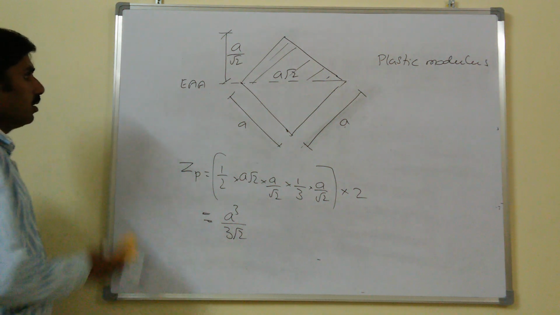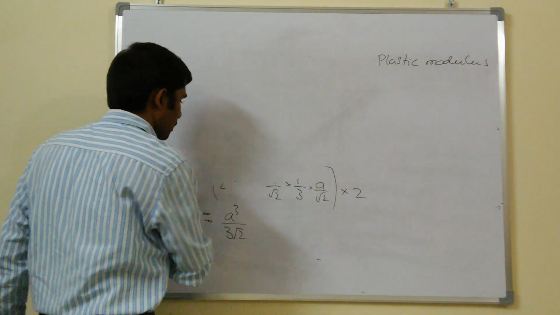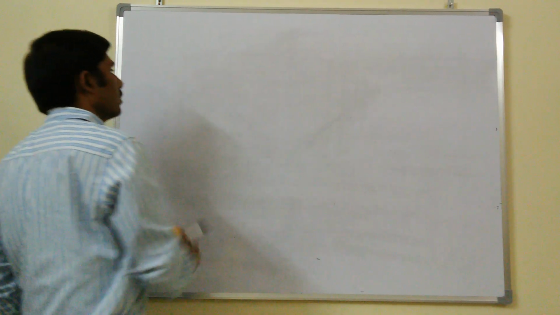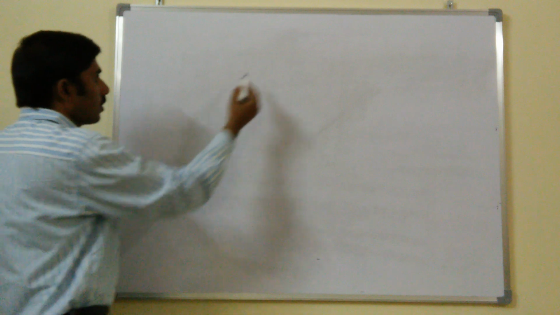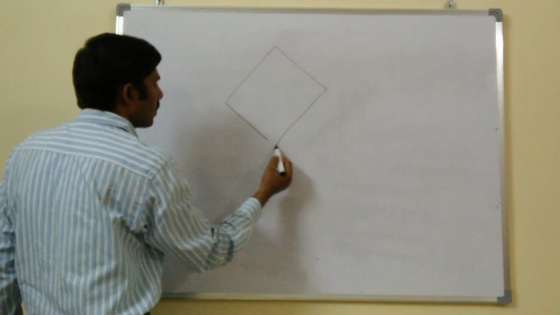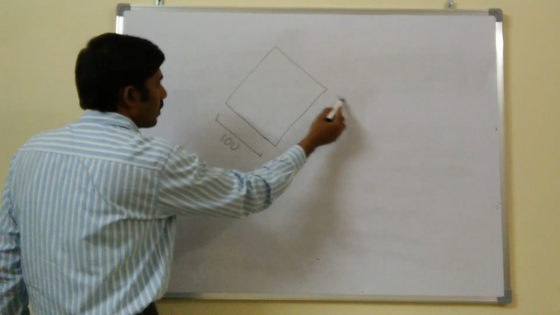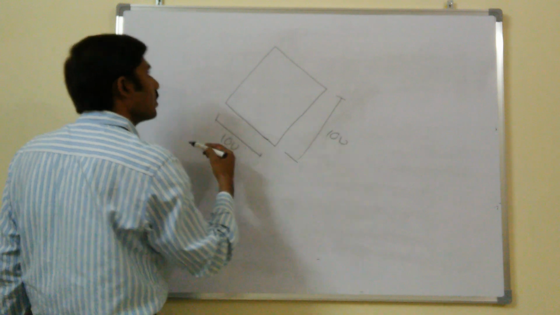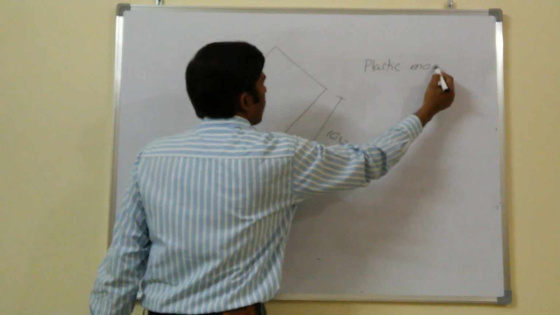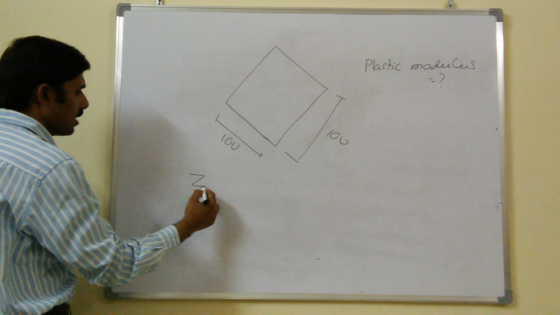Okay. Now find it for this, where this is 100 and this is 100. Plastic modulus: the answer will be like this.